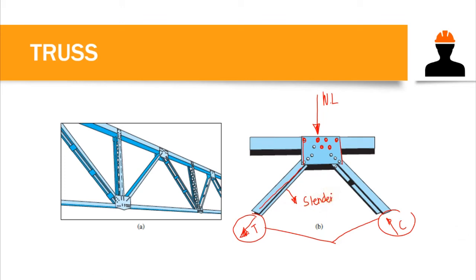Or it would not cause bending or deformation sa ating bar. So we have only axial force that is acting on the members of our truss and located at each joint. Okay, so ito yung hahanapin natin in the analysis of trusses.